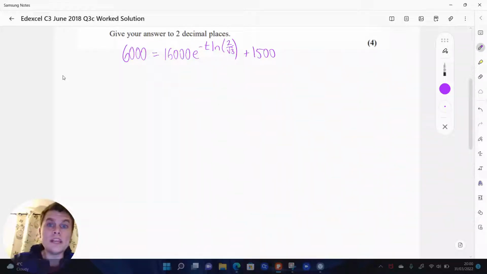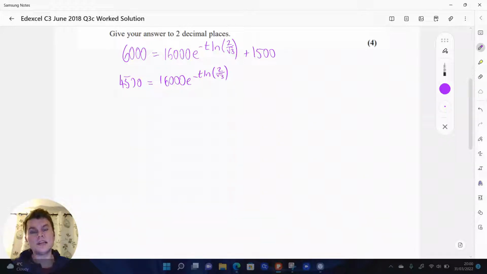Most obvious thing to do is to subtract the 1,500. So we've got 4,500 equals 16,000 e to the minus t ln 2 over root 3. Next thing we can do is divide by the 16,000. That'll just leave us with the e term on the right and a number on the left.